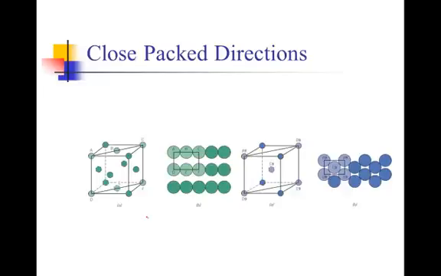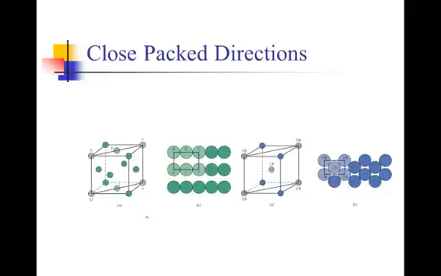Okay, I want to talk briefly about the concept of the close packed planes and the close packed directions inside a metal crystal, because that's going to be important when you learn about mechanical properties of metals later. We have some example crystals here.